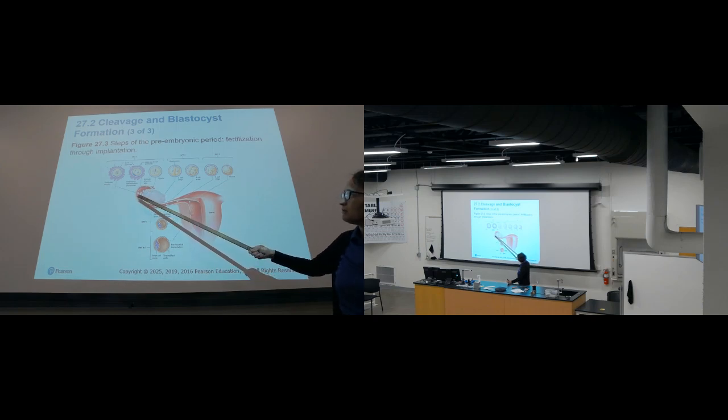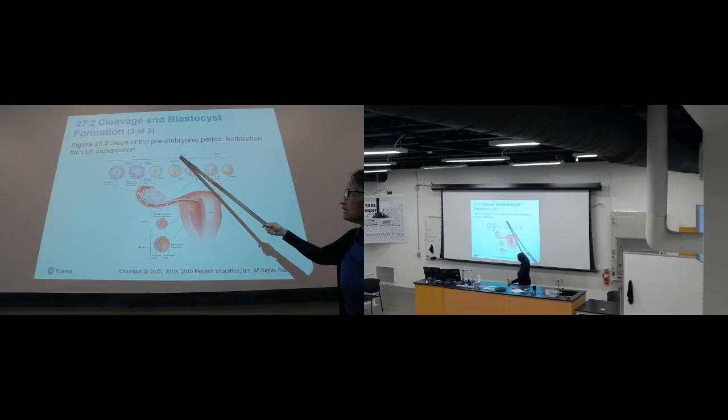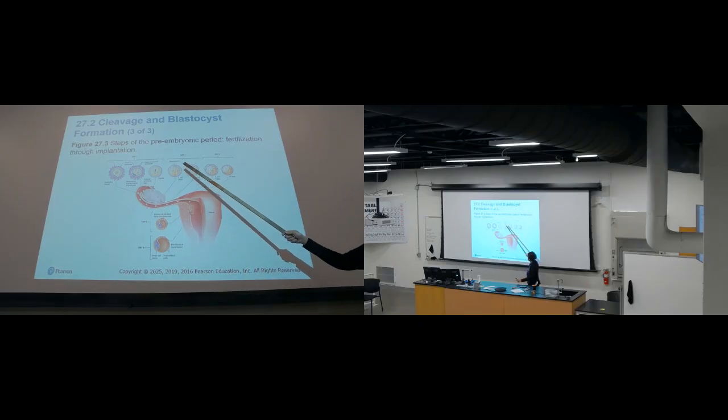So fertilization happens between the ampulla and the isthmus, or the infundibulum, sorry. And then here you have the zygote, which will migrate towards the uterus, and then it cleaves into two blastomeres. That's the 2-cell stage.